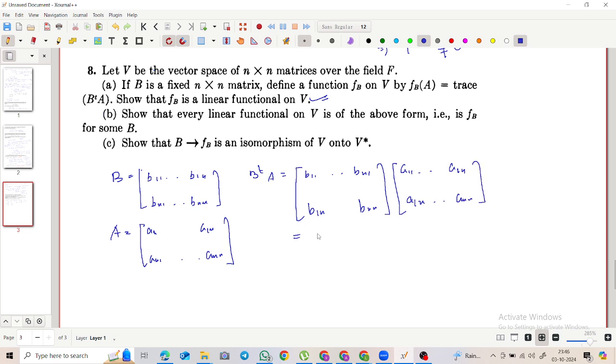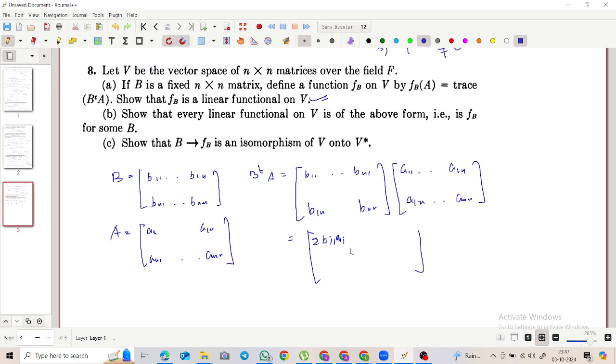Just tell me what should be the trace of this. I mean, just write down the diagonal of this matrix, B transpose A, right? That is summation B_i1 A_1i, right?